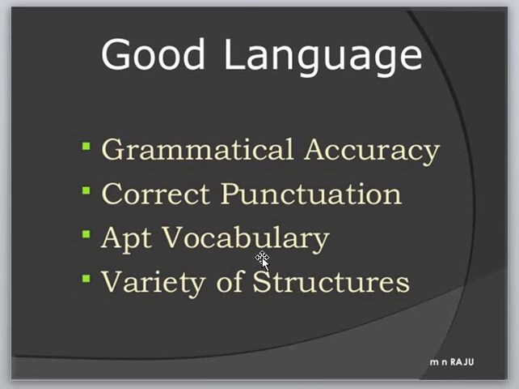Keep it in your mind. You need to add accurate, proper vocabulary, and you need to add a variety of vocabulary. Along with this, you need to add a variety of structures. Avoid the same structure of sentences throughout the paragraph, because there is beauty in variety. So good language contains a variety of vocabulary and a variety of structure.